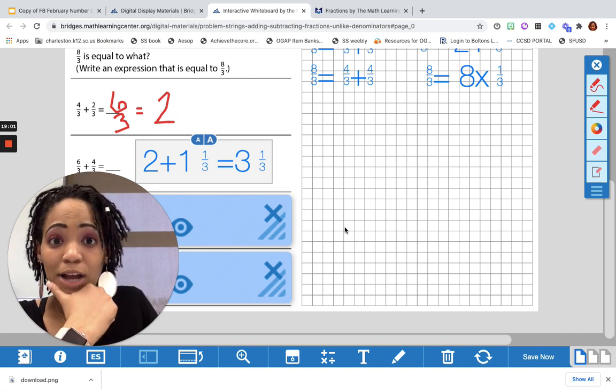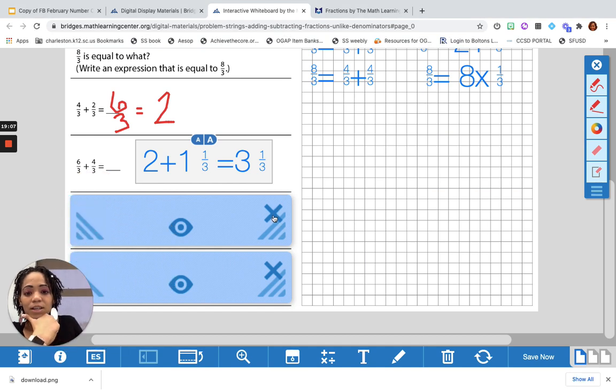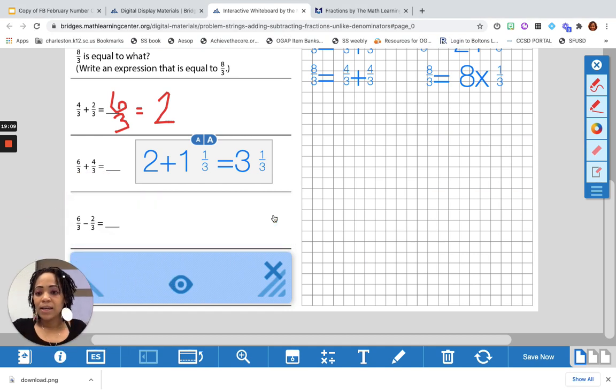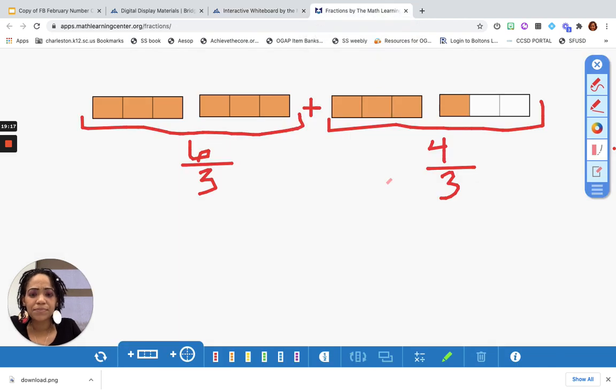Are you ready for a subtraction problem? Okay. Oh my. Now we have 6/3 minus 2/3. Yikes. See if you can solve that. 6/3 minus 2/3.